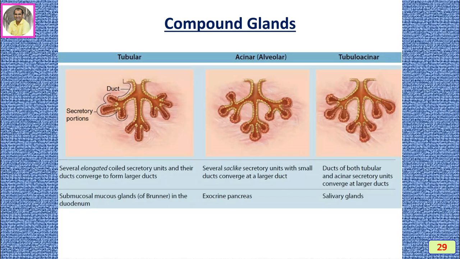Submucosal or mucous glands are the Brunner glands in the duodenum, and they have got the secretory portion and also the duct portion. Whereas the acinar or alveolar cells are sac-like secretory units with small ducts, and the exocrine pancreatic glands are called as the secretory units with small ducts.